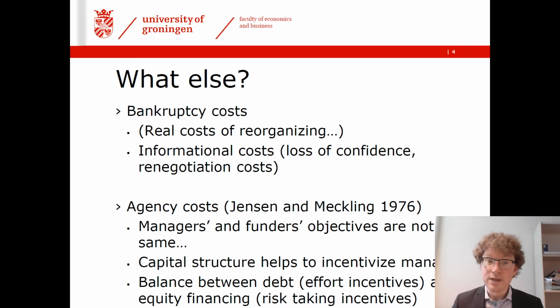An additional point, apart from bankruptcy costs, is agency costs. And there you have seen the very famous contribution by Jensen and Meckling in previous courses, I'm sure. Agency cost basically refers to the fact that those who run the firm, the managers, and those who fund the firm, the investors, might have different objectives.